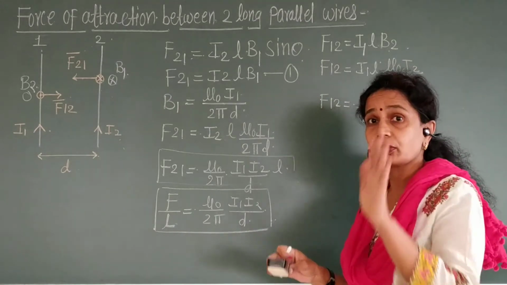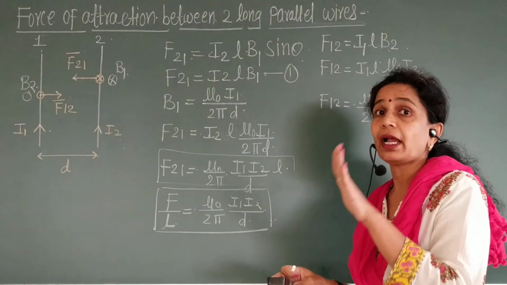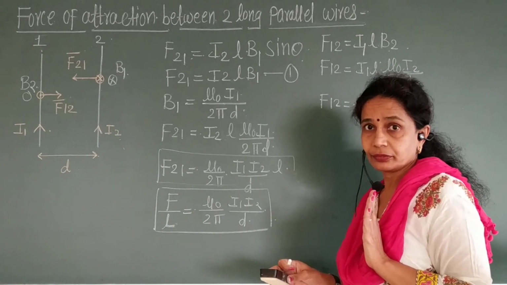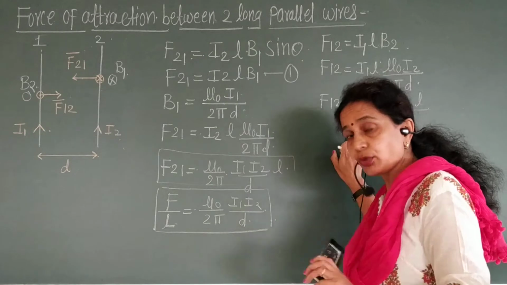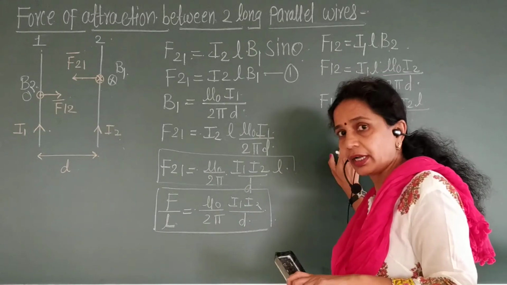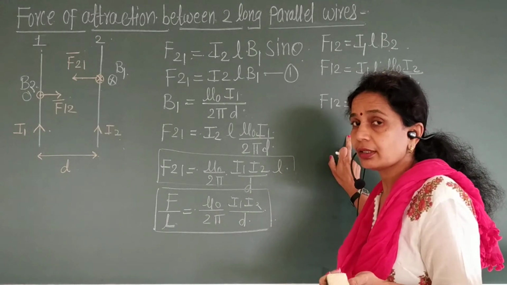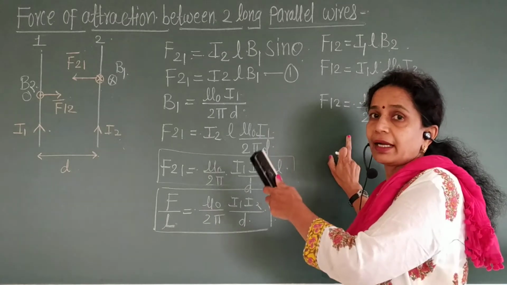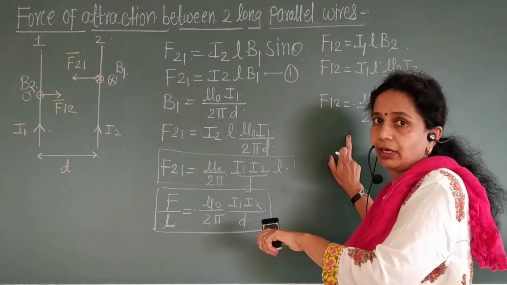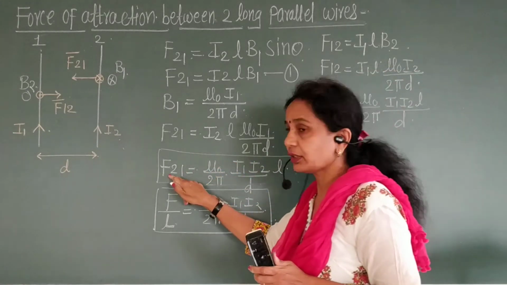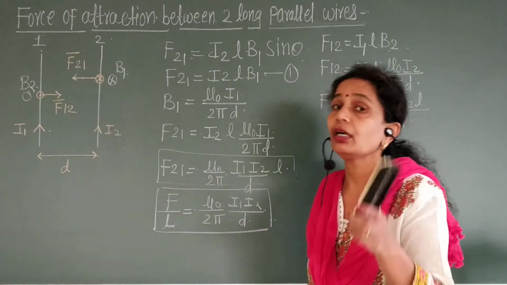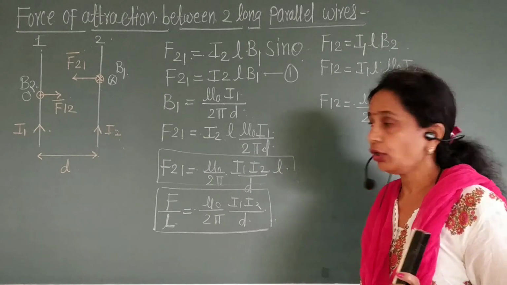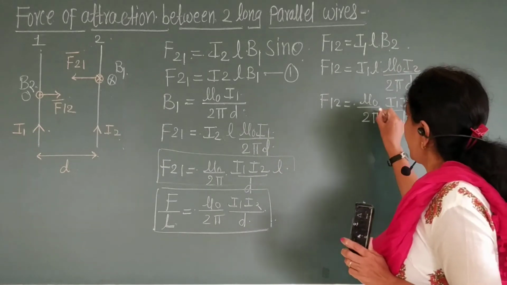This is the equation of force of attraction, F12, the force acting on the first wire due to the magnetic field of the second wire. And the earlier one is the equation of force acting on the second wire due to the first wire.